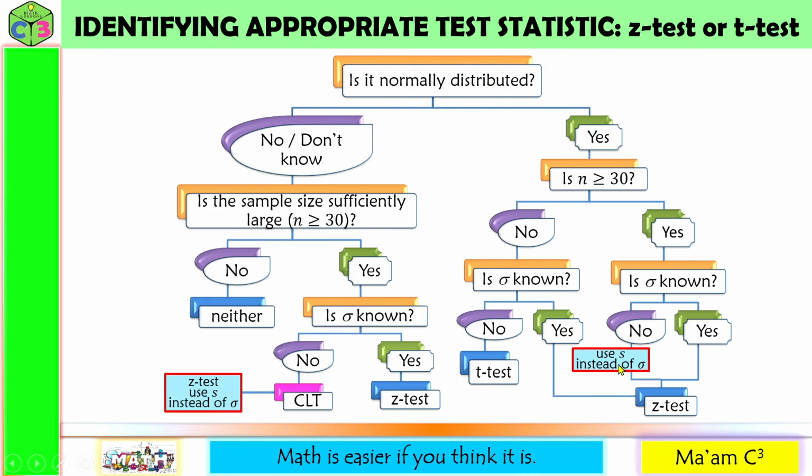If sample standard deviation is given instead of the population standard deviation, but the sample size is greater than or equal to 30, still you are going to use z-test. You will use t-test if the population standard deviation is unknown and the sample size is less than 30.